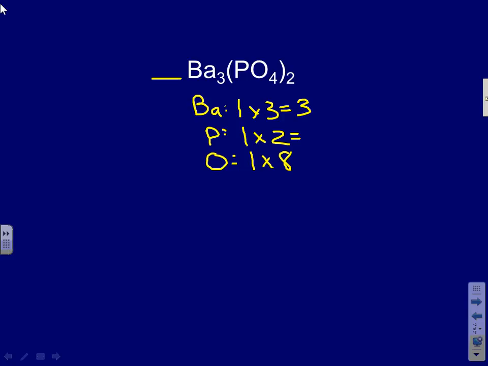So if there's brackets, you've got to do a little multiplication as well to get each one. So in 1 barium phosphate, there are 3 bariums, 2 phosphorus, and 8 oxygens. All right? Look at another one.